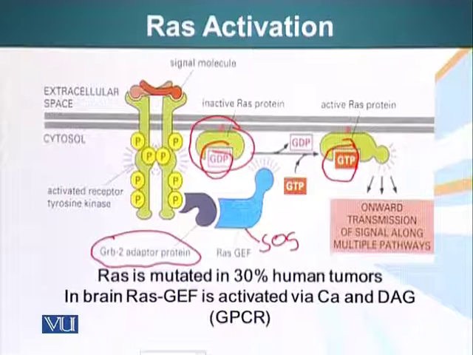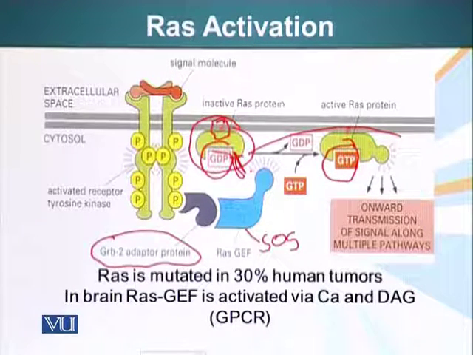Like G protein, this RAS also has a hydrophobic domain. It's covalently linked to a hydrophobic molecule that allows it to be attached to the undersurface of the plasma membrane. RAS-GEF activates RAS. Now, when the RAS is activated, it can do several things. We will talk about that later.